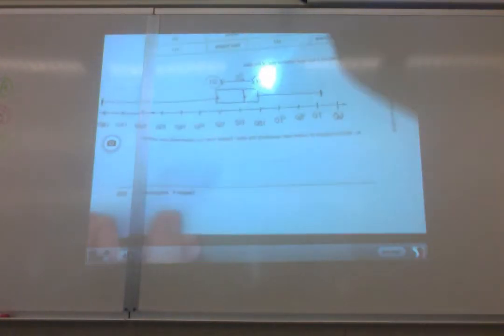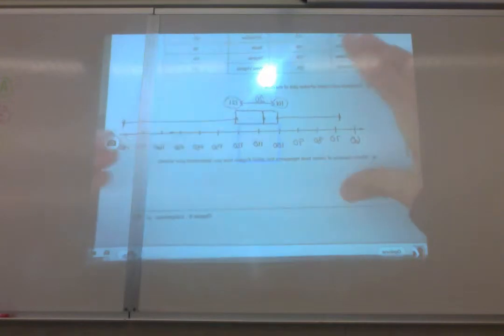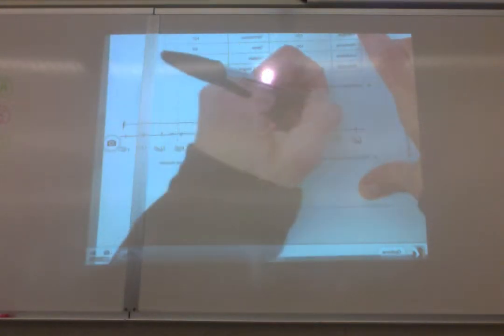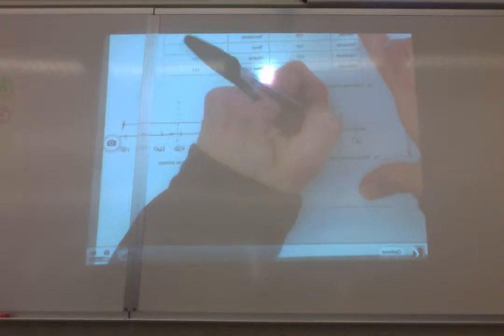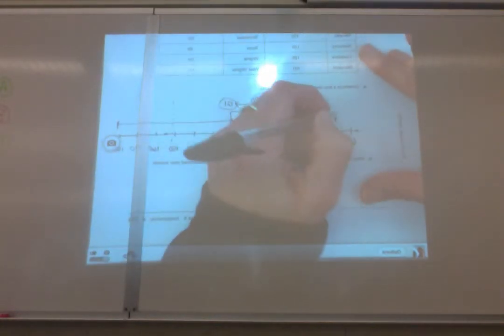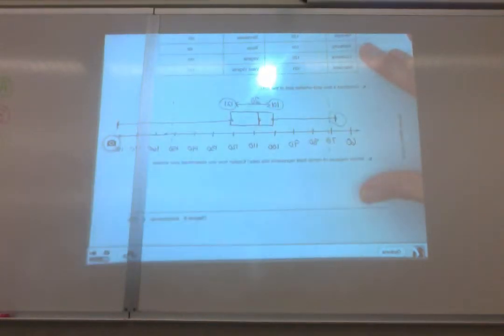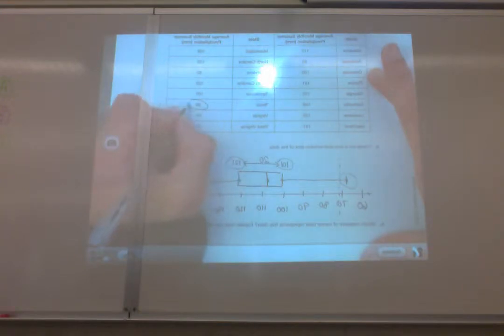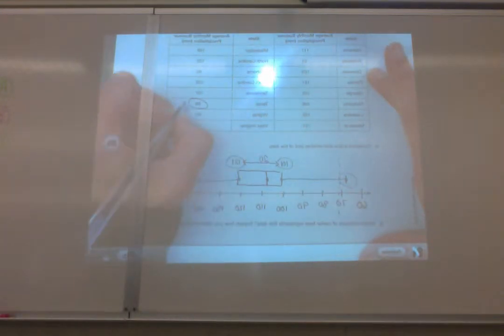So on our first original box and whisker, here's 151 and here's 71. Okay, so there's a tiny bit below. I know the min is 69, and that's below the 71, less than the lower fence. That's an outlier.